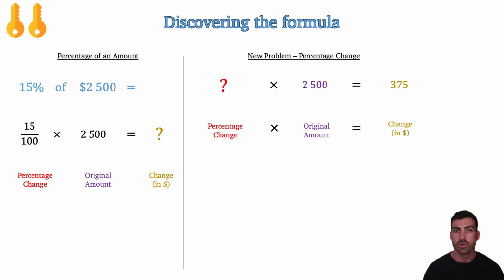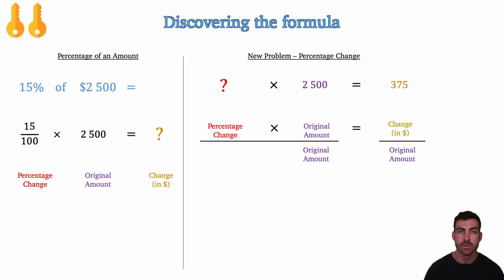Let's rebuild what we already know. Percentage times the original equals the change. Now think, what is happening to the percentage? It's being multiplied by the original amount. So to undo that, we divide by the original amount.